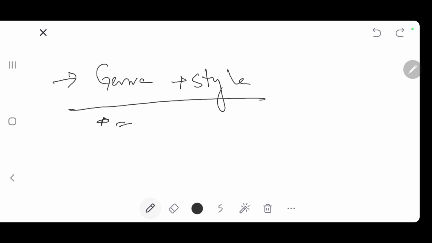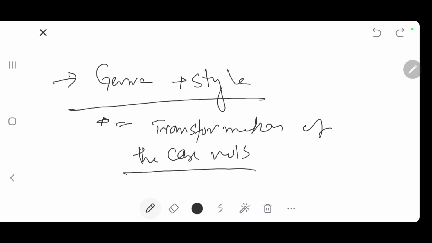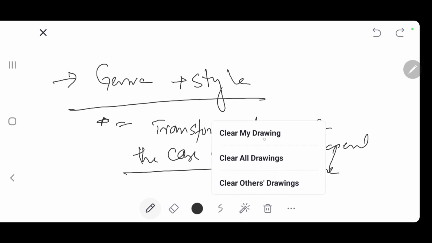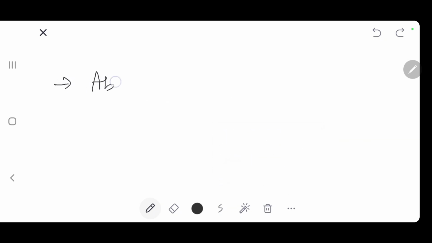Followed by the next point, that is your genre and style. In genre and style, there is transformation. You must use language that is appropriate for the recipient and for the issue. Number one. Secondly, do not use abbreviations. Abbreviations are not appreciated.